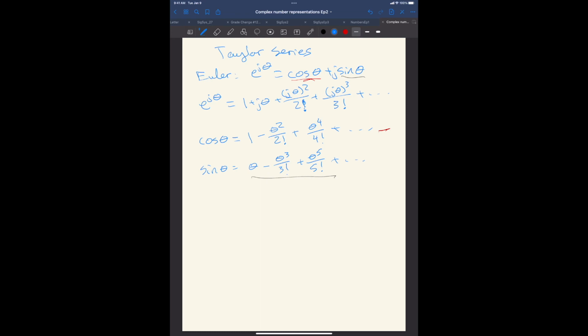The 1, j times theta, theta squared over 2 factorial, j times j is minus 1, j theta cubed over 3 factorial, j squared minus 1 minus j, there we go. And then I do that on and on repeatedly, and you see that indeed Taylor series shows that Euler works.